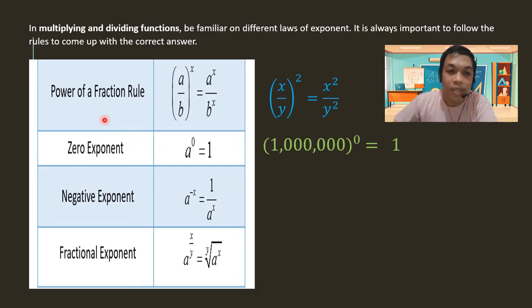Then for 0 exponent, we have a raised to 0 is equal to 1. Okay, tandaan, any variable or term or value that is raised to 0, ang sagot lang dyan ay 1. Kahit pa po yan ay 1 million, 1 billion, or 1 trillion, that is always equal to 1 as long as the exponent is 0.